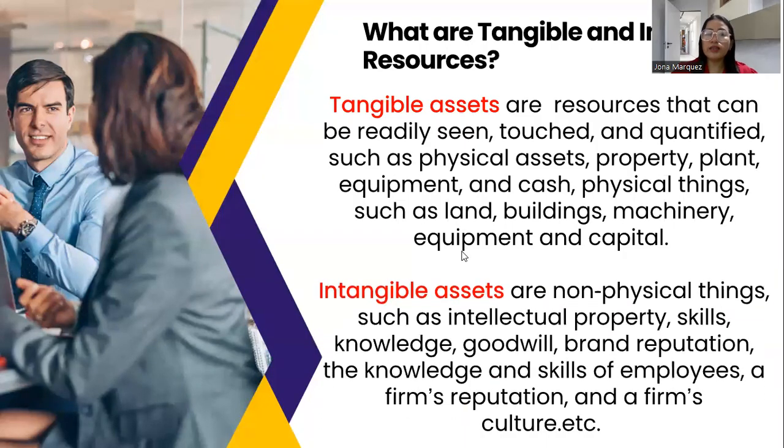When we say intangible, non-physical things such as intellectual property, skills, knowledge, those that cannot be quantified or touched, no? So goodwill, brand reputation, knowledge and skills of employees are intangible assets, and also the firm's reputation and the firm's culture.